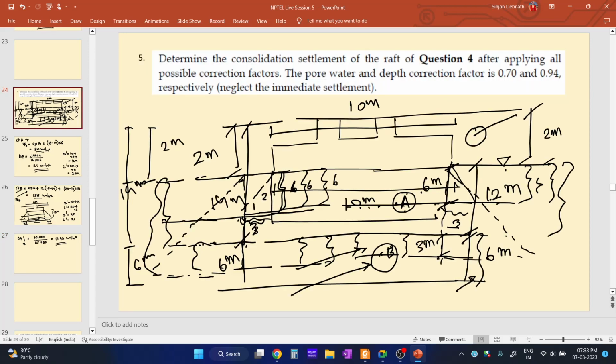In order to find the total consolidation settlement of the raft, we need to find the consolidation settlement for the top layer as well as for the second layer, and then sum it up.